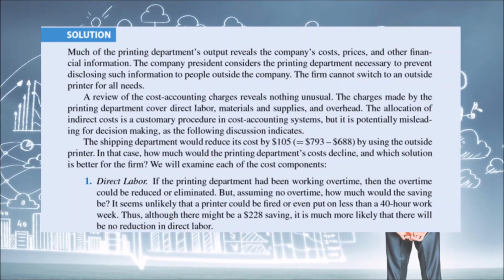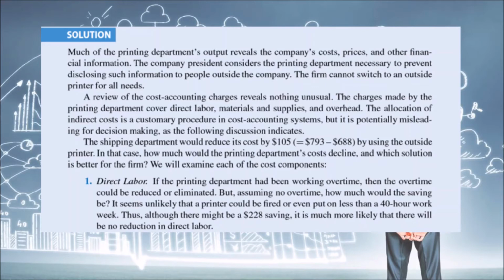Okay, so here is the solution. Much of the printing department's output reveals the company's cost, prices, and other financial information. The company president considers the printing department necessary to prevent disclosing such information to people outside the company. The firm cannot switch to an outside printer for all needs.